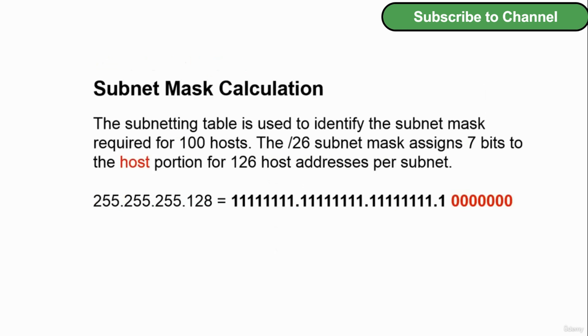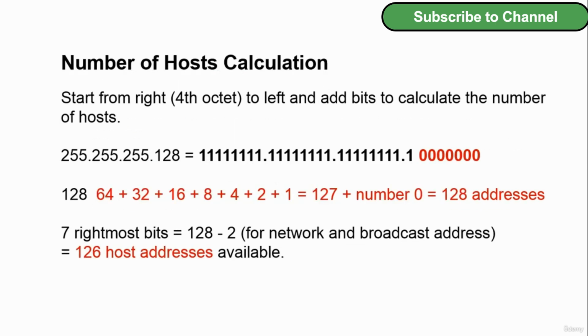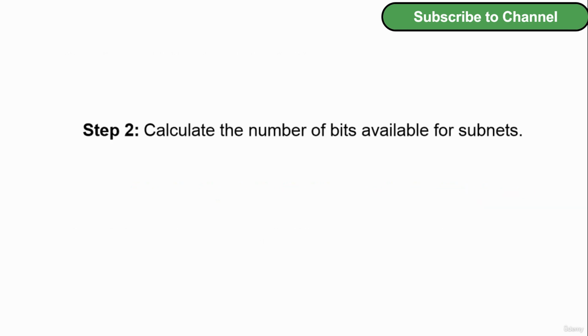So the subnetting table shows me that I have to assign 7 bits to the hosts, and only 1 bit is available for the subnets. So to calculate the hosts, it's the first 7 bits, and that gives me 127, plus the number 0 is 128, minus 2 for the network and broadcast, and that's the 126, gives me the maximum number of host addresses available, which is of course more than the 100 required.